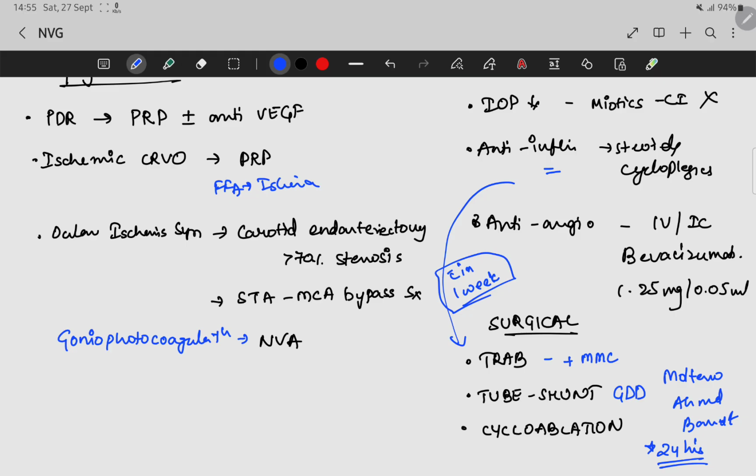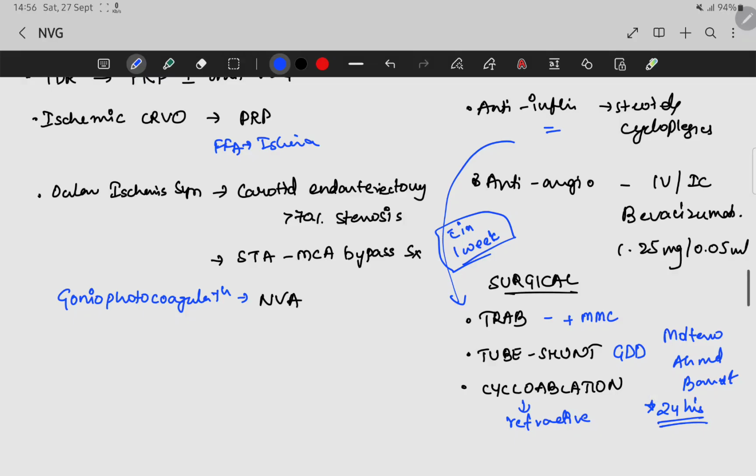The tube must also be placed in a scleral tunnel to minimize the chances of erosion. Cycloablations are cyclodestructive procedures for refractory cases in which they have a painful eye. So this was regarding the management of the glaucoma.